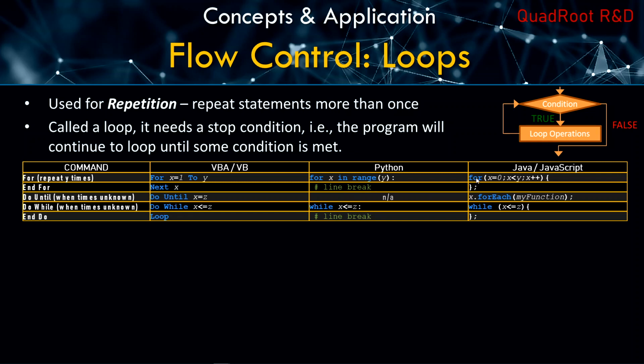In Java and JavaScript, you use for, open parentheses, and in these parentheses you specify the condition. In this case, you start with x equal to 0, so we assume we're going through an array where the first position is 0. X is less than y, where y is the length of that array or the maximum number.